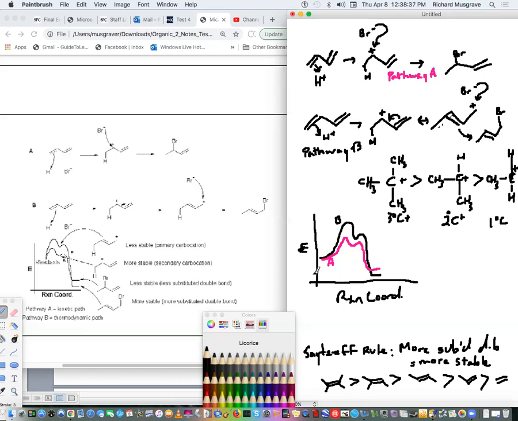Okay, so let's look at how we interpret the mechanism in relation to the energy diagram. So when we're looking at pathway A, you can see the first step is the H plus joining onto the double bond. The plus goes on the more substituted carbon, the secondary one, as opposed to the one on the end, which would be primary.